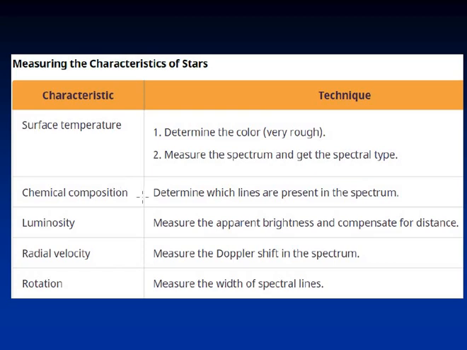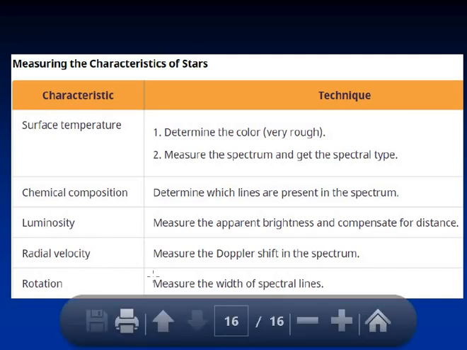We can get an idea when we determine which lines are present in the spectrum of the star. Similarly, for luminosity, we have to measure the apparent brightness, and again compensate for distance as well. Remember when I talked about the various pieces of information which can be obtained from stellar spectra: radial velocity and also rotation of the star, we can get this information from the stellar spectra as well. Okay, that's it for today.